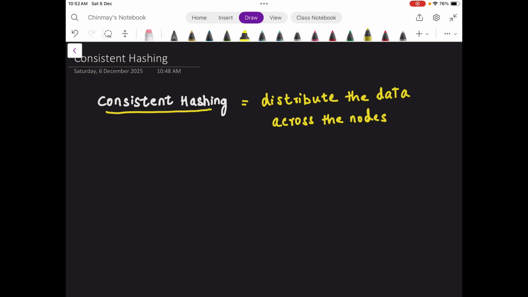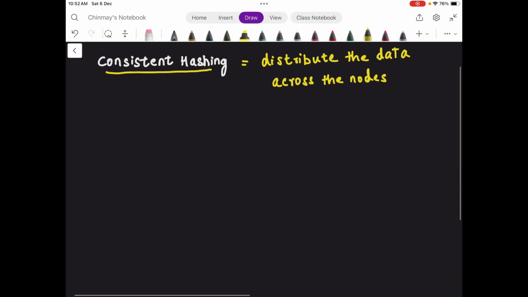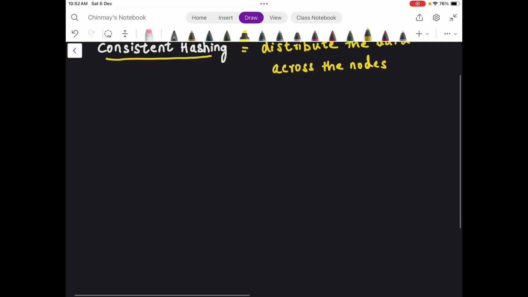Let's see why we need to use consistent hashing to distribute the data across the nodes, before discussing consistent hashing itself.